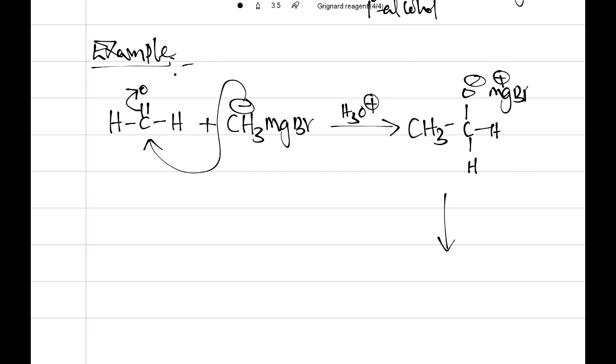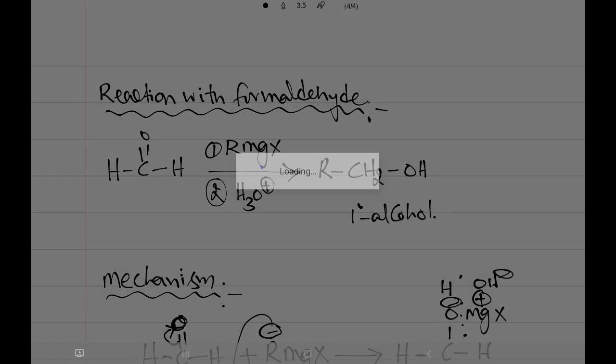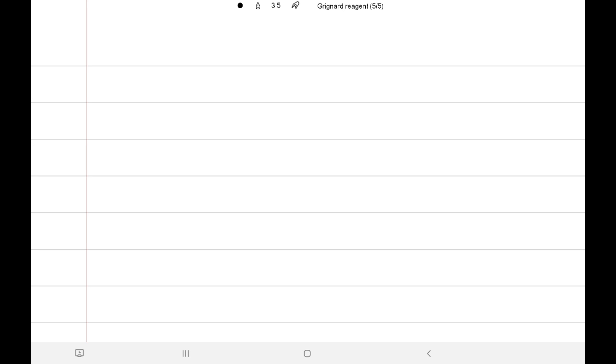After this, on hydrolysis, we get CH3CH2OH. This is the major product, and the byproduct is MgOHBr.